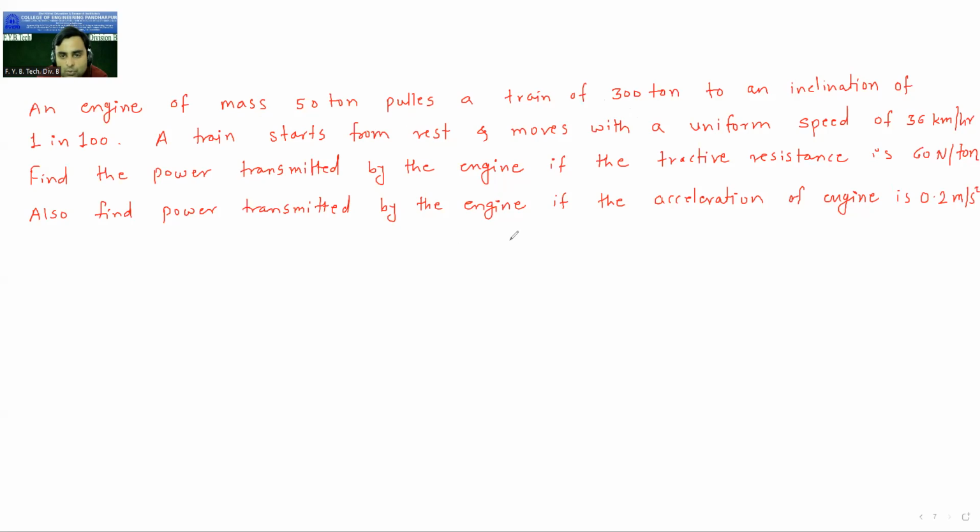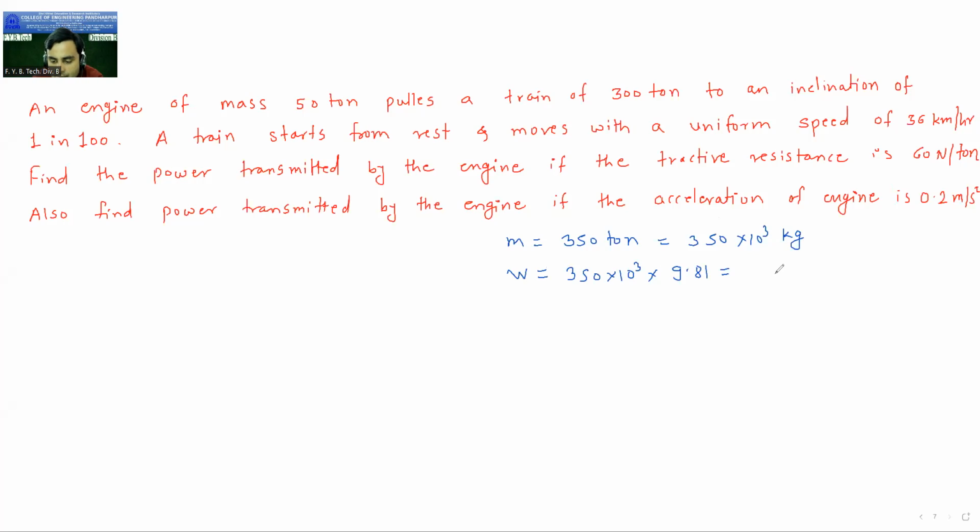So m is equal to mass, it is 350 ton, which is equal to 350 into 10 raised to 3 kg. Okay, so weight, now what is weight? Weight is 350 into 10 raised to 3 into 9.81. What is the answer for the weight?